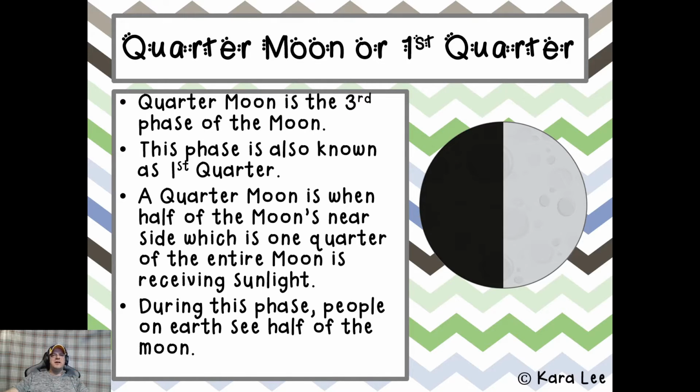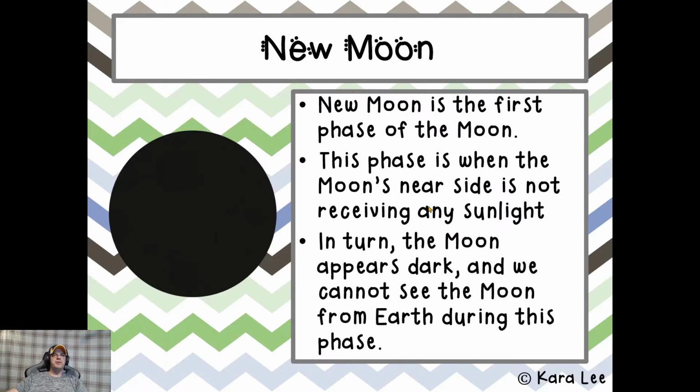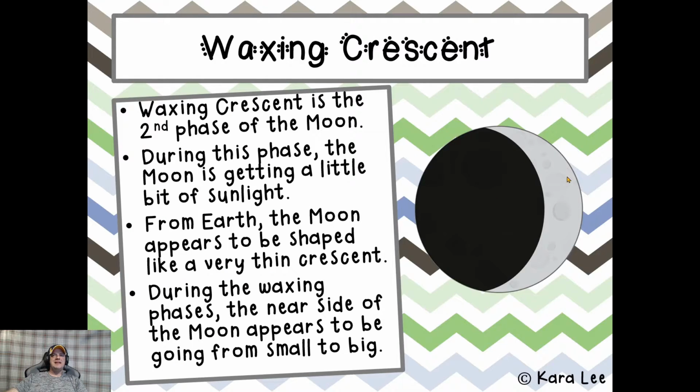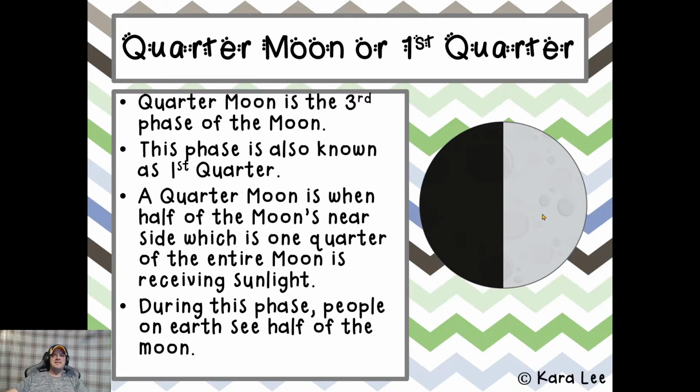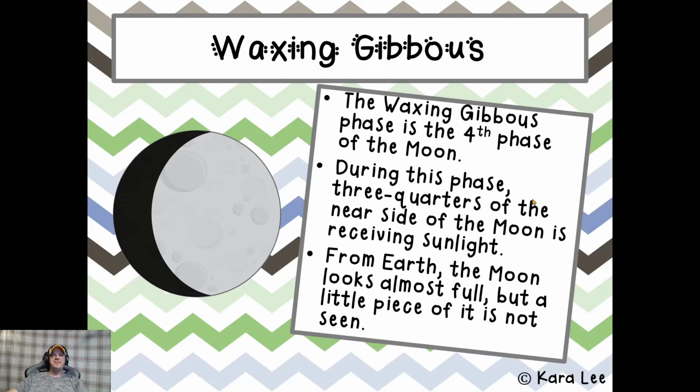During this phase, people on Earth see half of the moon, and for first quarter you always can see the right side of the moon. So this is the part you can see. This is the part that is dark, you cannot see. First quarter is on the right. So to reflect back, we go from new moon to seeing a little bit on the right side to seeing half on the right side.